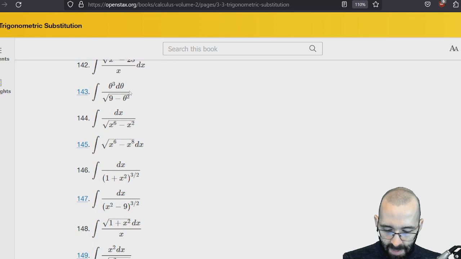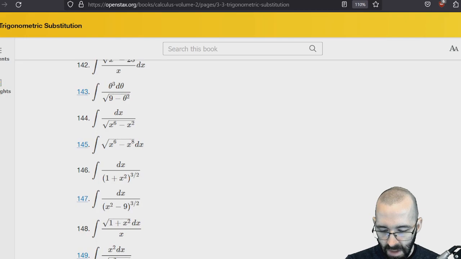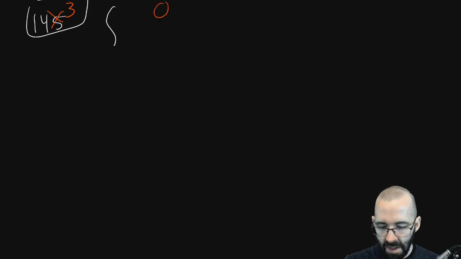Let's do maybe 143. Integral of theta cubed. Why are they using thetas here? I'm changing it.